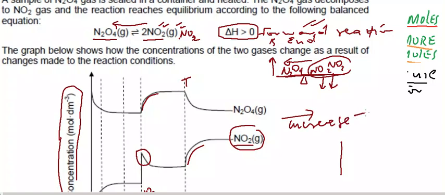When you increase what? Temperature. Endothermic is favored when you increase temperature. So endothermic is favored because the temperature increases. The forward reaction is favored because we see this increase and this decrease.